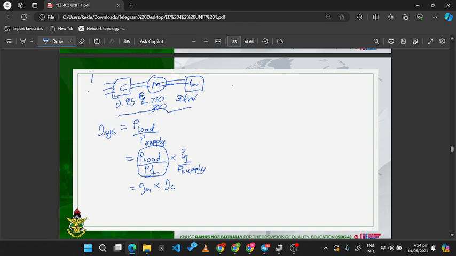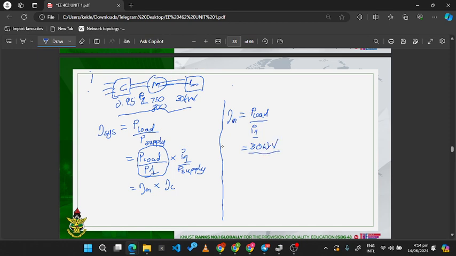And the efficiency of the motor, so Nm, would be given by what we've seen, that's the P load over P1. And P load is 30 kilowatts.